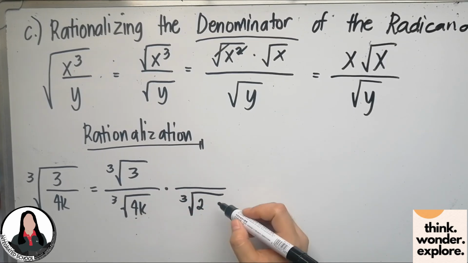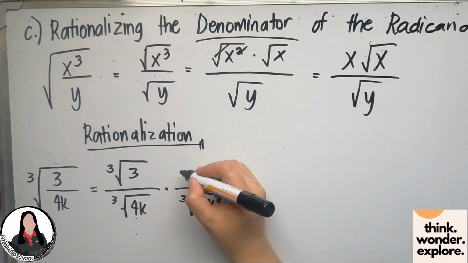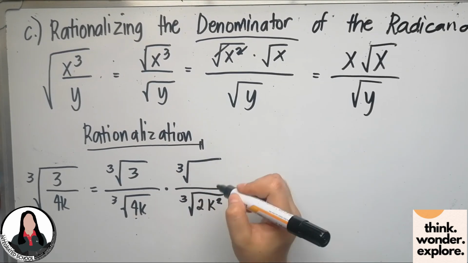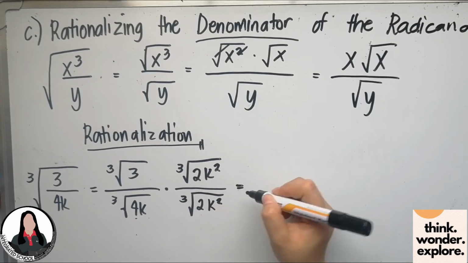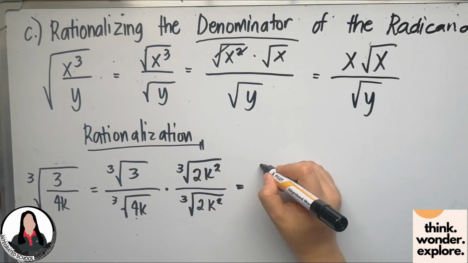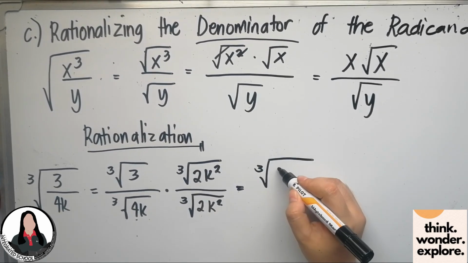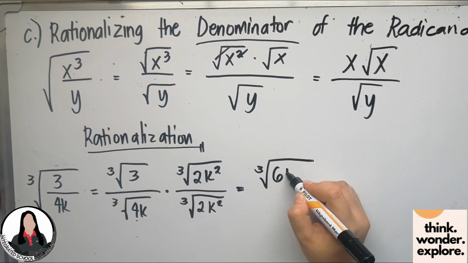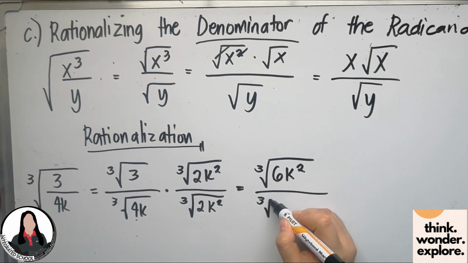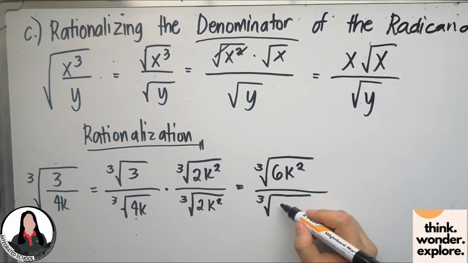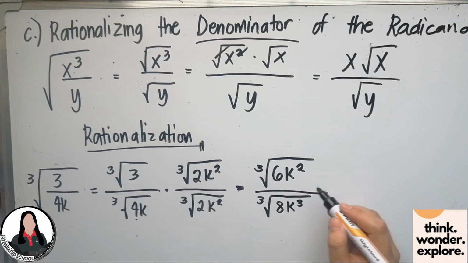And then k, i-multiply natin siya sa k squared para maging perfect cube siya. And then you copy the denominator sa numerator, cube root of 2k squared, and then we proceed to multiplication. So, pagsamahin natin, we have the cube root of 3 times 2, that is 6k squared, all over the cube root of 4 times 2, that is 8, and then k times k squared is k cube.